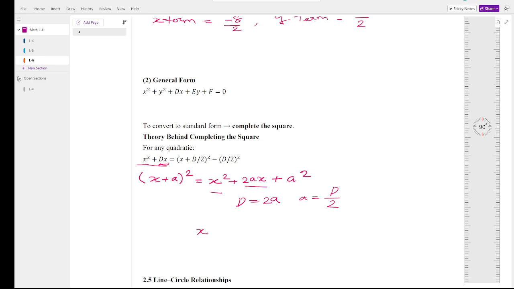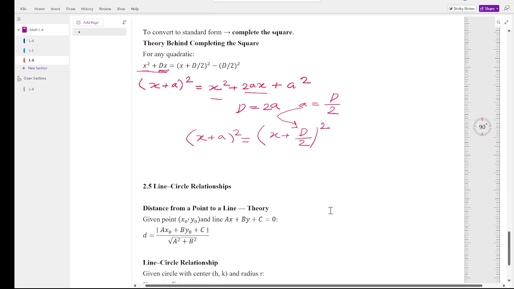For x plus a whole squared, we put a here: x plus d over 2 whole squared.